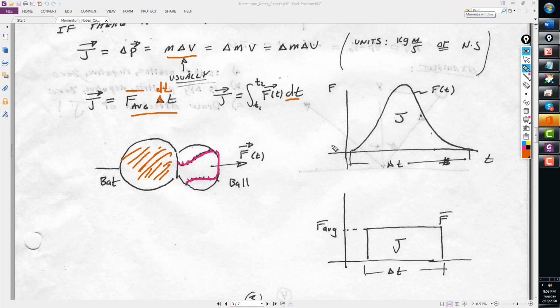Now, this curve here is a typical curve of an impulse acting on an object. This is the J of, so if you hit a ball, the curve usually looks like this, okay? So if we have anything that's multiplying, the area under the curve, right? So we take the integral, the area of this is going to be the impulse, okay?